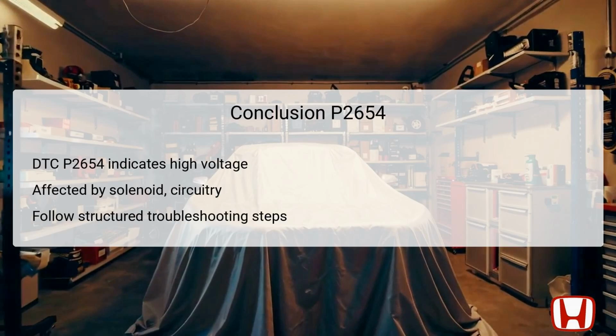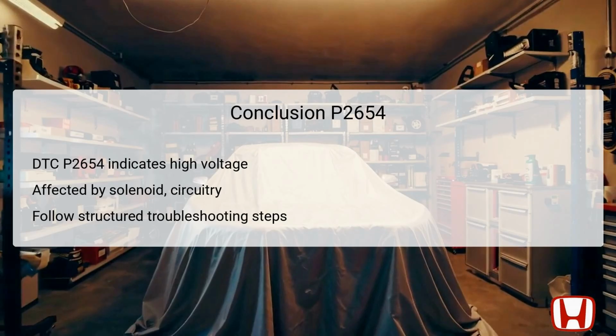In conclusion, DTC P2654 indicates a high voltage condition affecting the rocker arm oil control solenoid circuit in Honda Accord 2023 Plus. Understanding the role of the rocker arm oil control solenoid and the PCM is fundamental to diagnosing this issue.